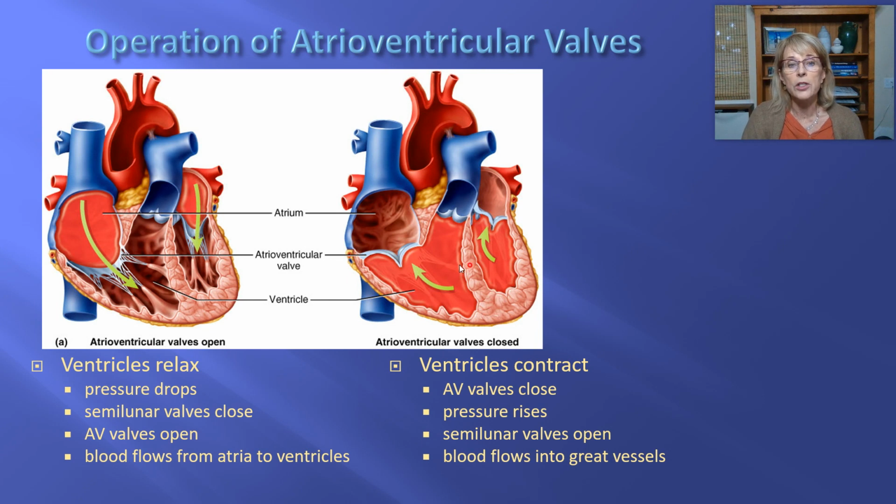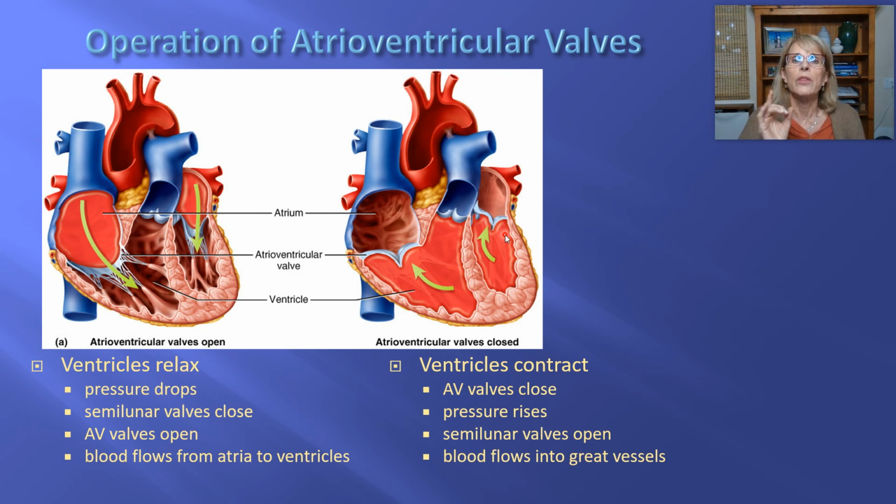Now, when the ventricles go into systole, the atria are in diastole, and the blood is under more pressure here in the ventricle than it is here in the atrium or here in either of the great arteries. So now the blood wants to go from where it's under a lot of pressure in the ventricles to either of these places. When the blood is under more pressure here than in an atrium, it tries to push backward and it ends up pushing the atrioventricular valve shut.